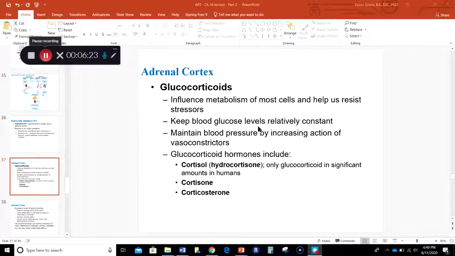It keeps blood glucose levels relatively constant, makes glucose available to the body in stressful times or stressful environments, and maintains our blood pressure by increasing the action of our vasoconstrictors. Vasoconstrictor means constricting blood vessels. Vaso has to do with blood vessels.